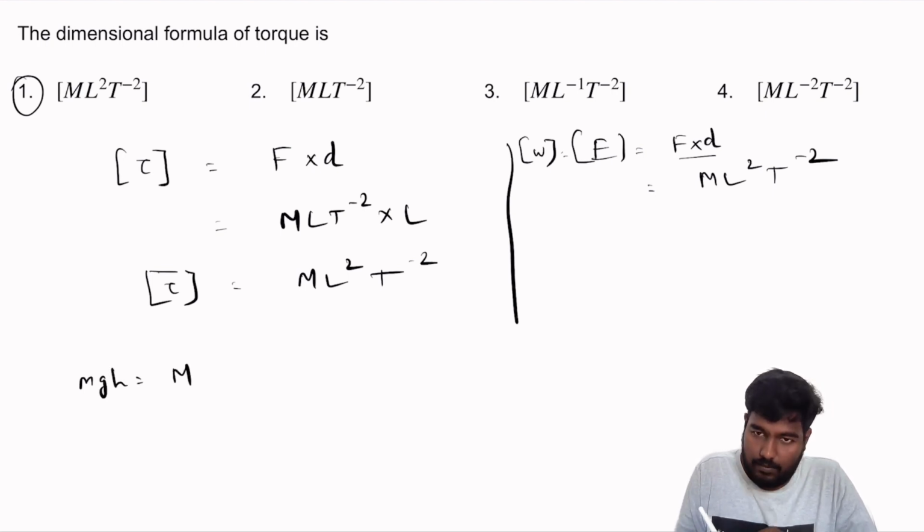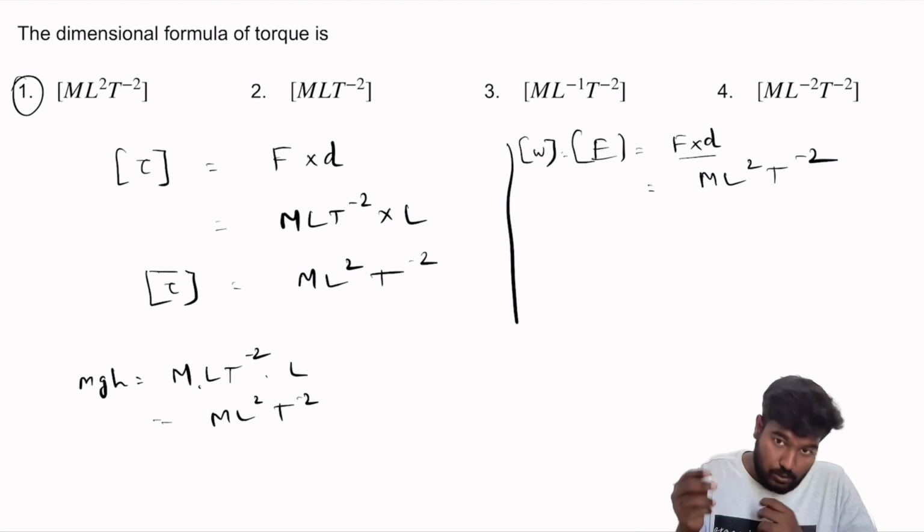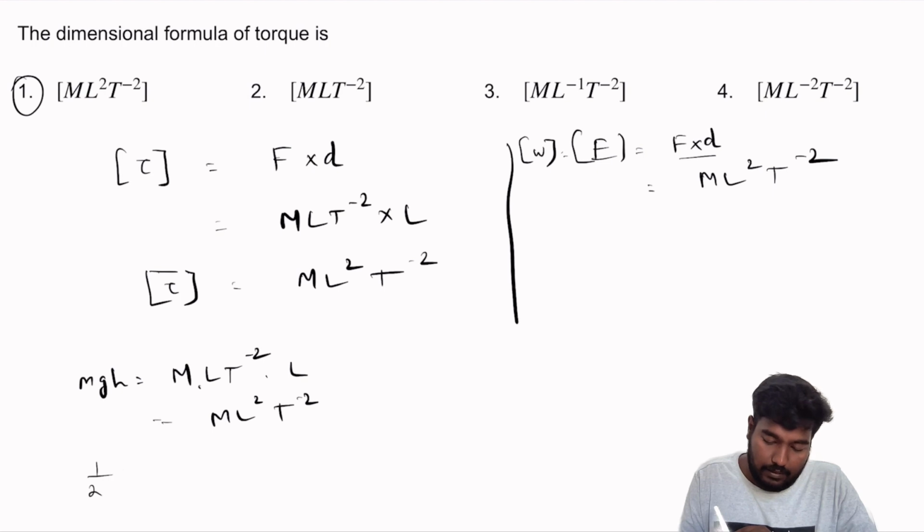Mass is m, gravity is acceleration, which is distance by time square, and h is just L. So I'll get m L square t power minus 2. See, same.